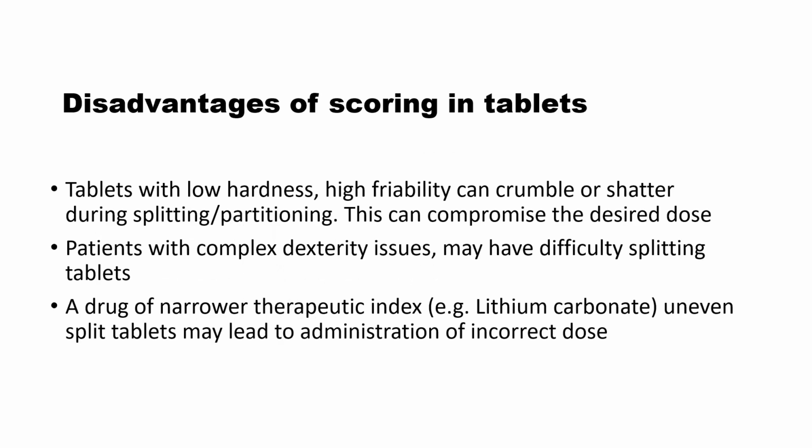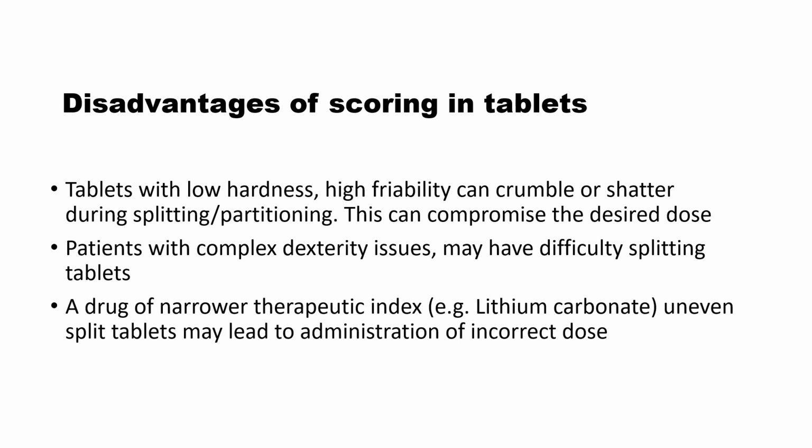Apart from the various advantages, there are certain disadvantages associated with scoring in tablets. Tablets with low hardness and high friability can crumble or shatter during the process of splitting, and this can compromise the desired dose of a particular drug.